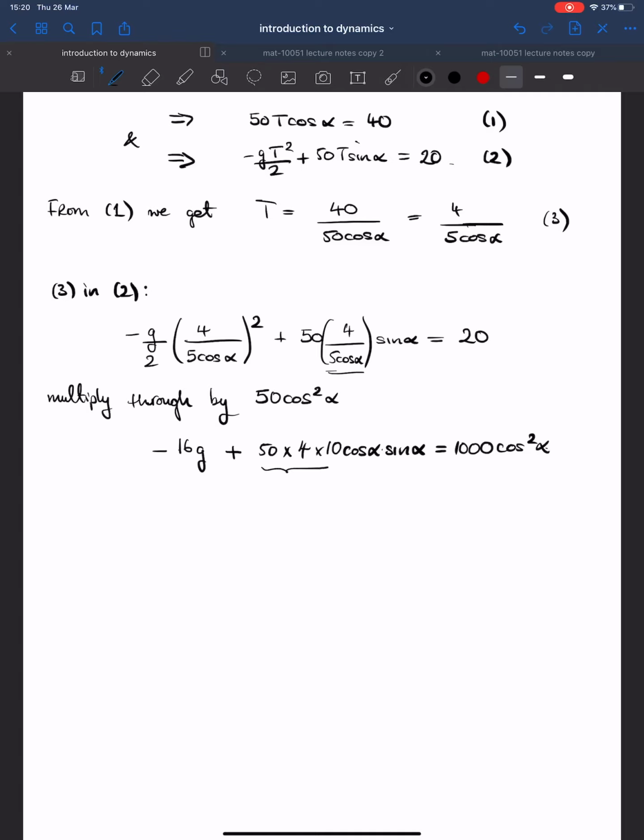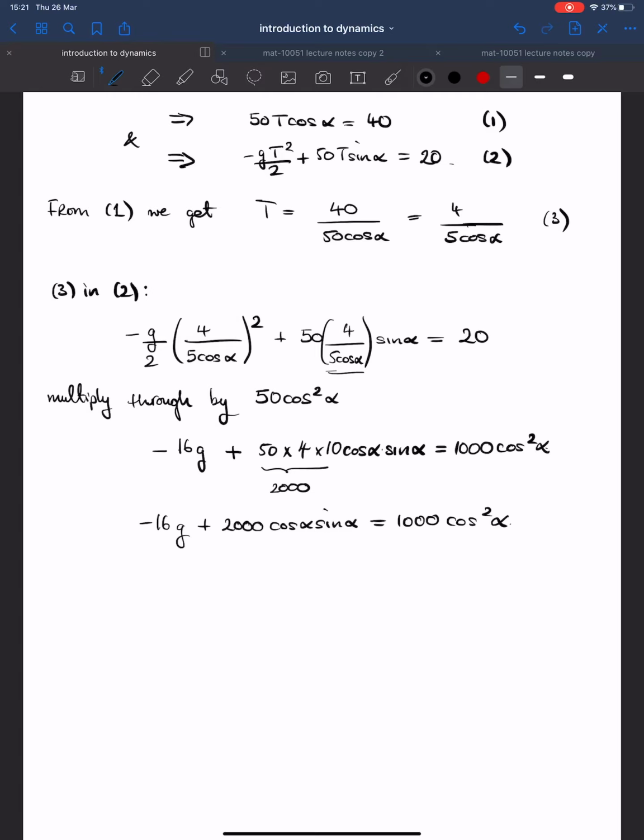This is 50 times 4 times 10, so that's 50 times 40, which gives me 2,000. So what we've got is 16g plus 2,000 cos alpha sine alpha equals 1,000 cos squared alpha.